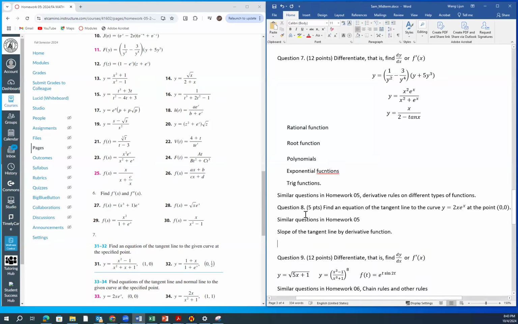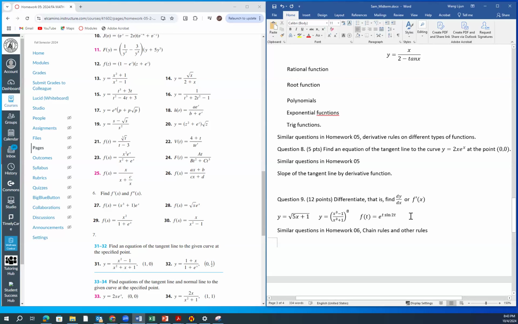Number 8 is about derivative and tangent line. Number 9 is more on chain rule and other rules.